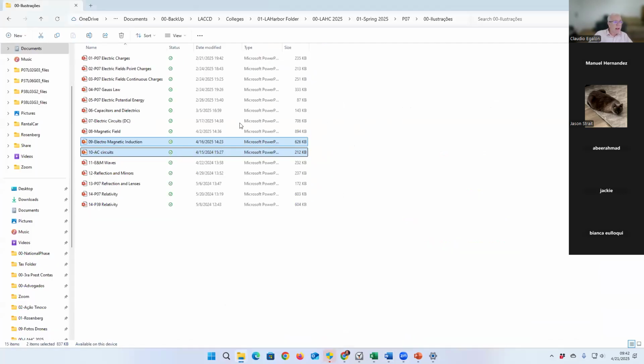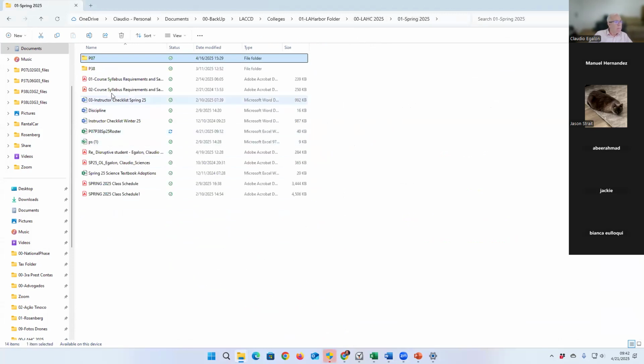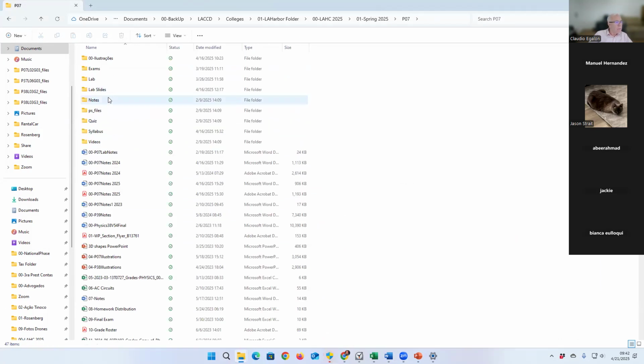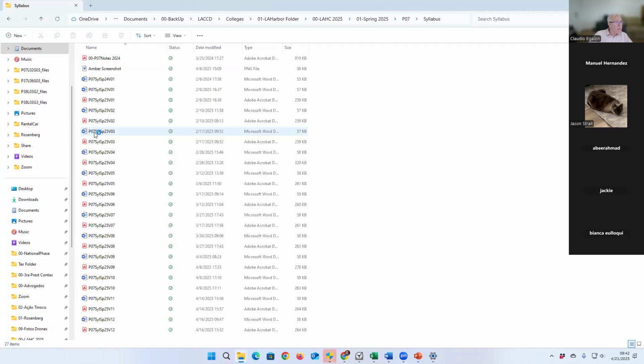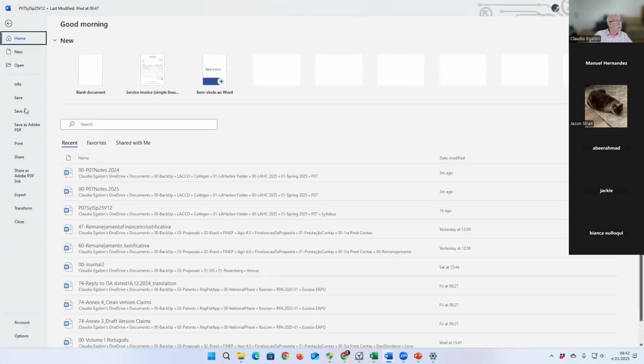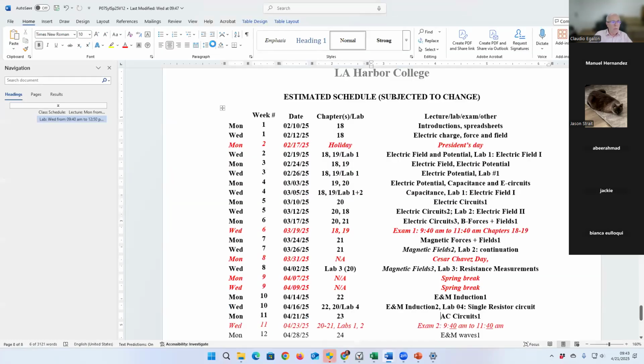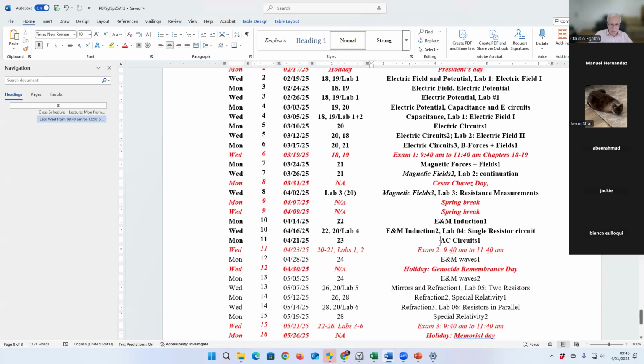The only thing that's left is the transformer. So what I'm going to do here, I'm going to put electromagnetic induction number 3, right?